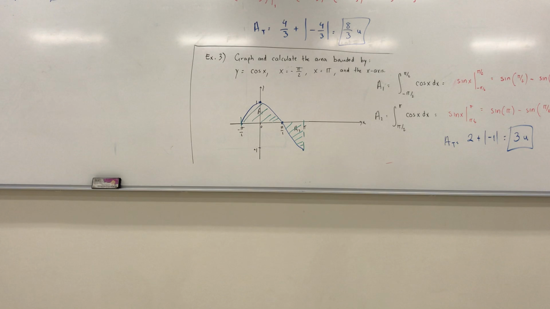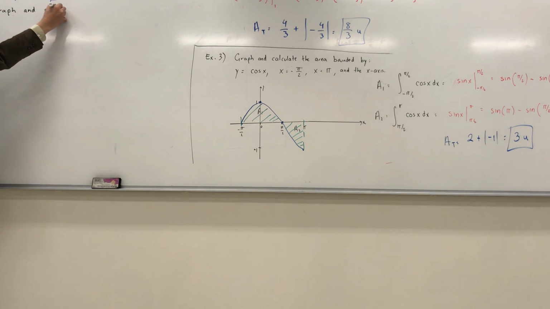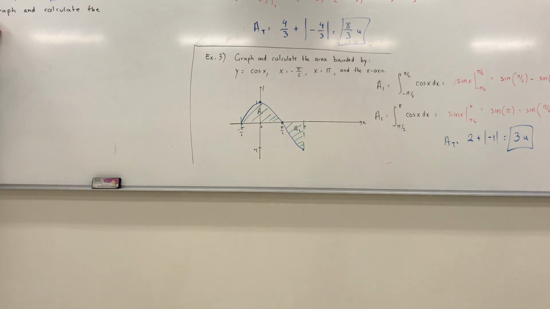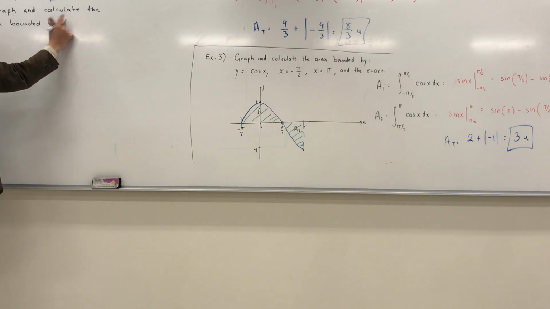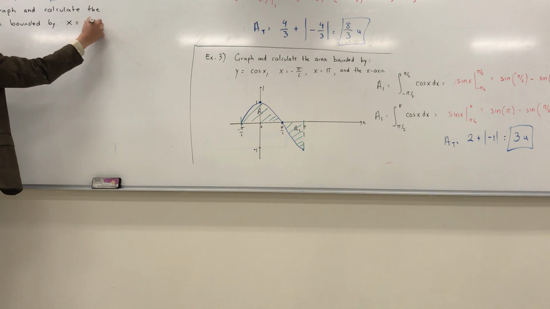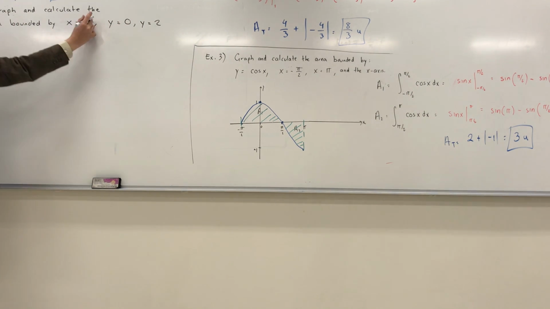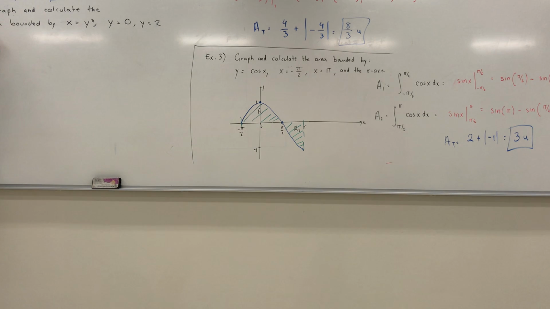Okay. Respect to y. Imagine this situation. Graph and calculate the area bounded by x equal to y squared, y equal to 0, y equal to 2, and the y-axis.